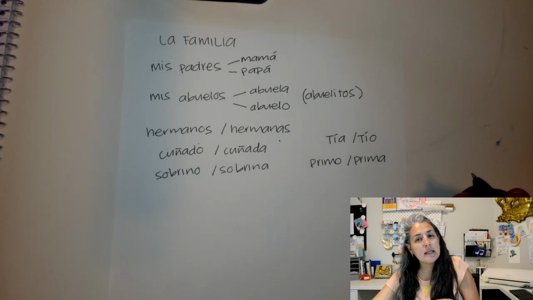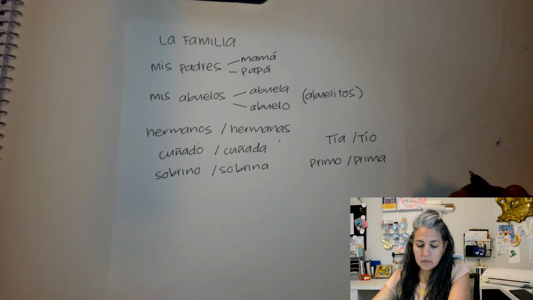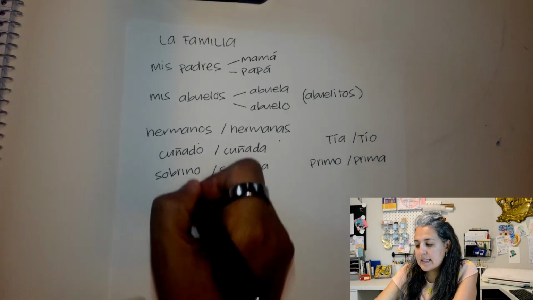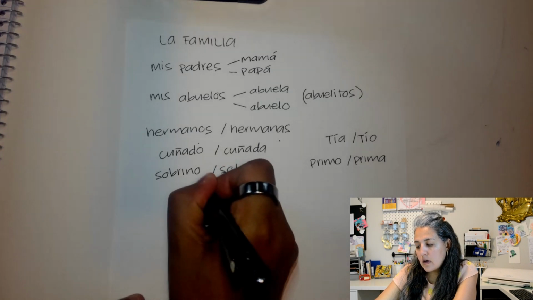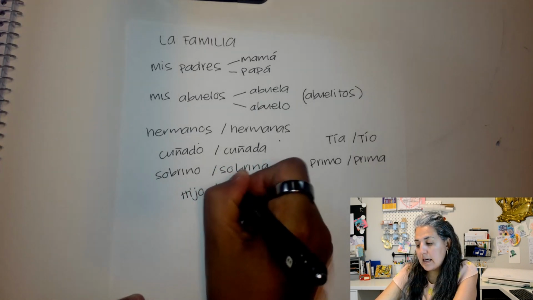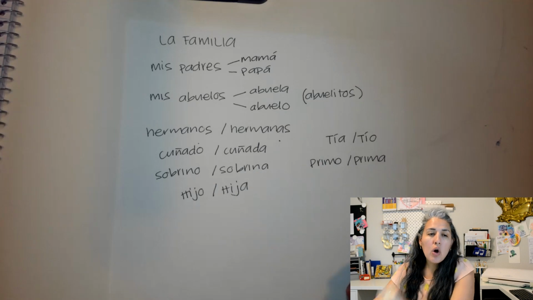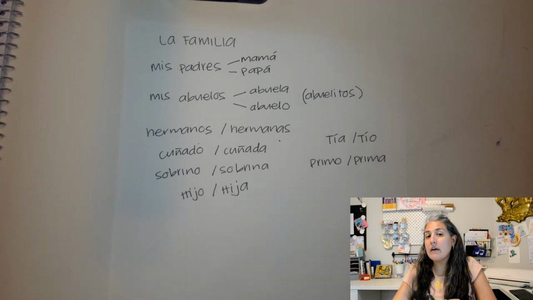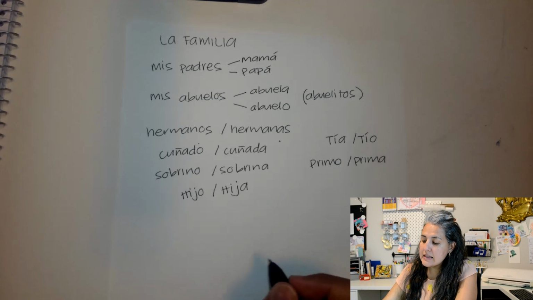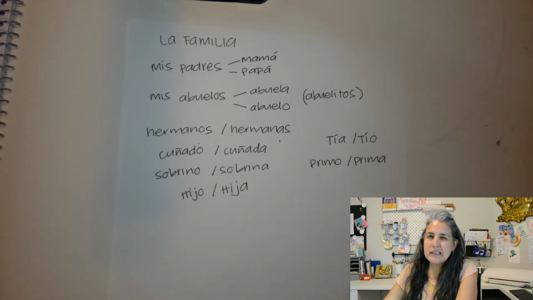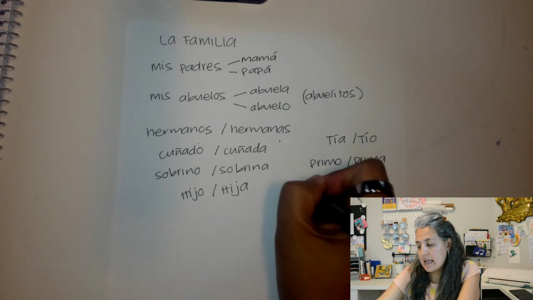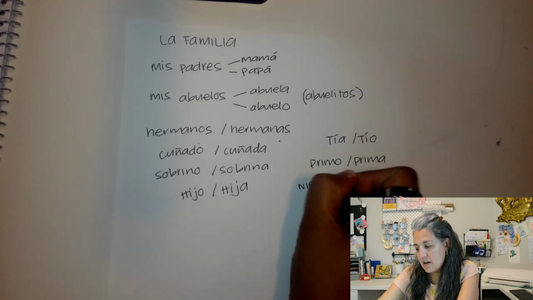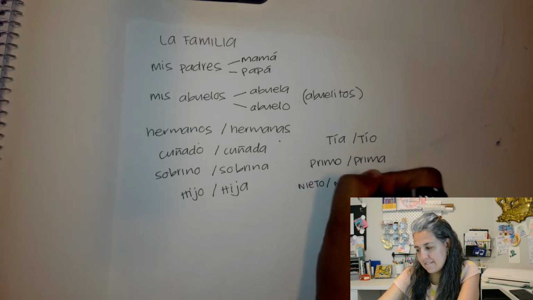Take the masculine part and put an S after. Your kids, hijo, if it's a boy, hija, if it's a girl. Remember in Spanish, the H doesn't have a sound. So we say hijo, hija. If it's plural, hijos. And your granddaughter, your grandson, nieto, nieta.